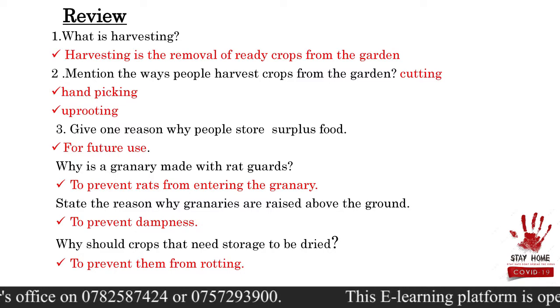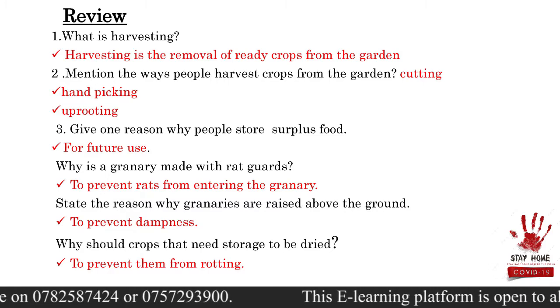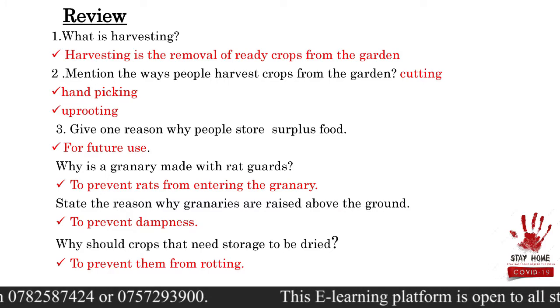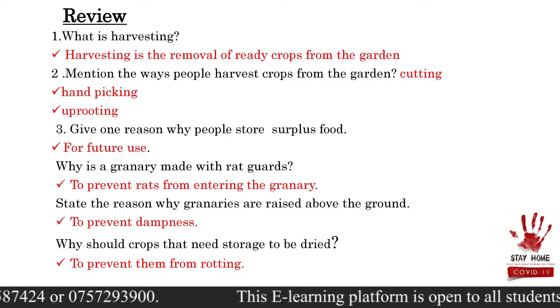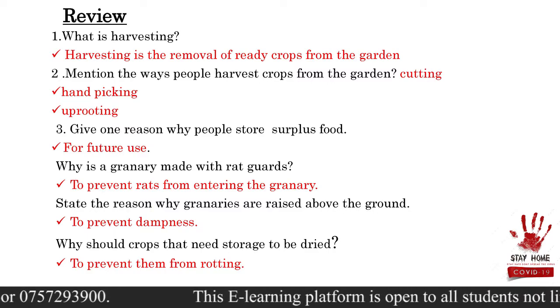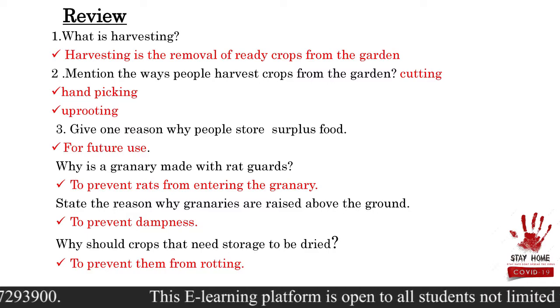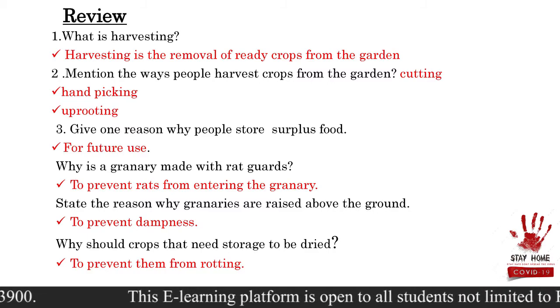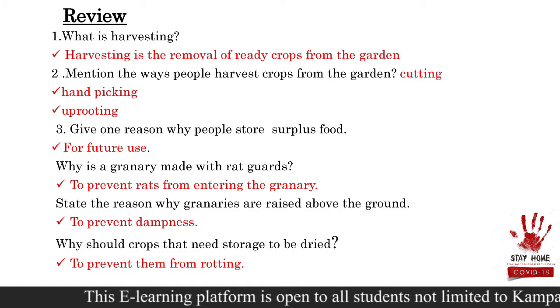Then we also looked at, give one reason why people store surplus food. What is surplus food? The food that you harvest and you retain. Like when you harvest 60 bags of maize, you can't prepare all of them in a day.